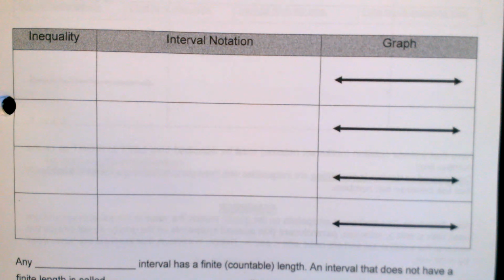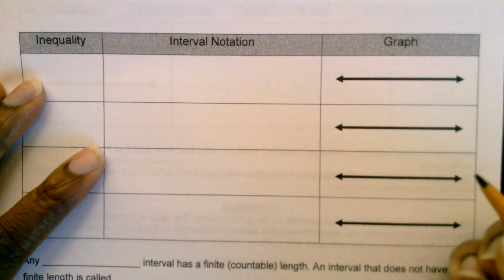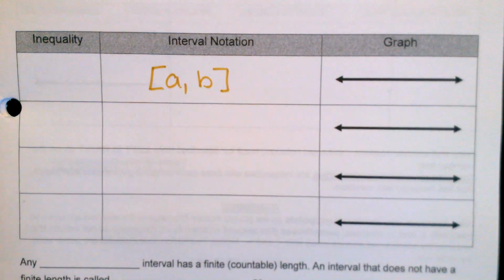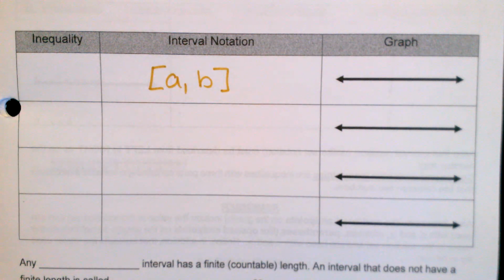First things first. Let's say in interval notation, I have an open bracket A, B, and then closed bracket. That means I'm going to use X to represent my values in between those.